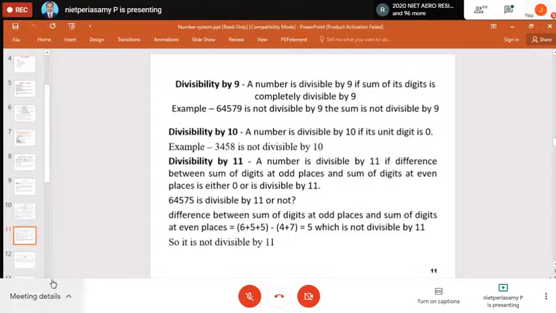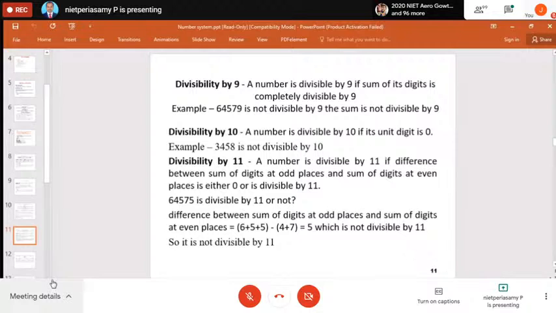What is the summation? 31. So 31 is not divisible by 9. So the whole number 64,579 is not divisible by 9. So this one is divisibility by 9.